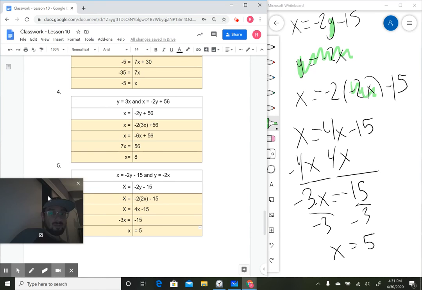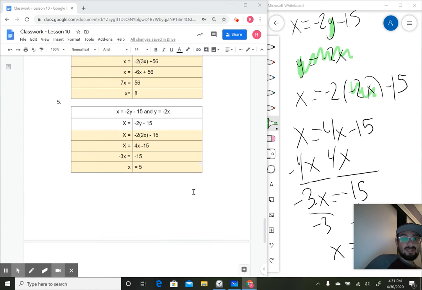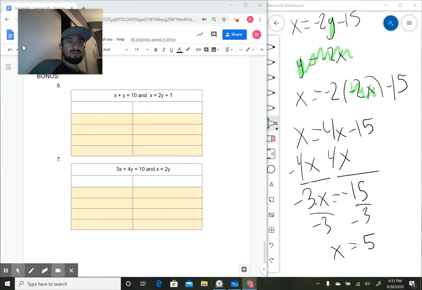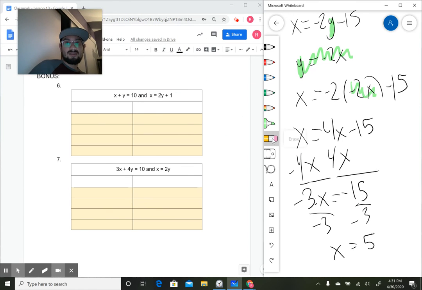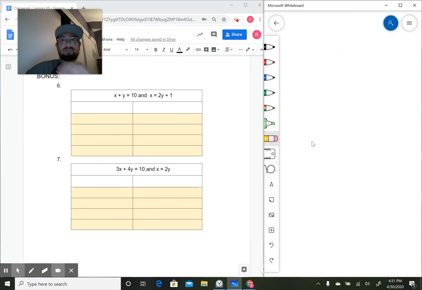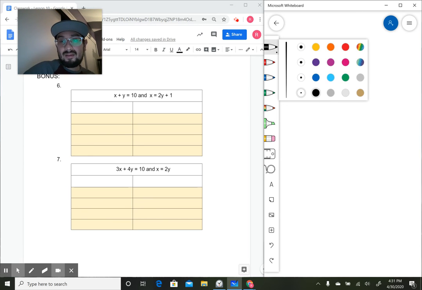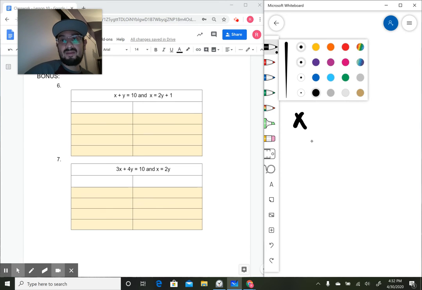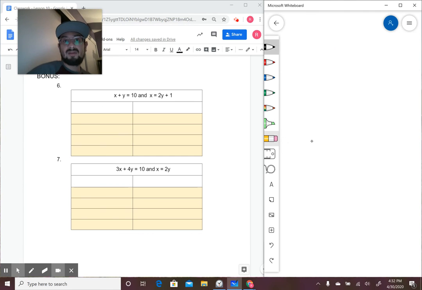Okay. So we do have 2 bonus questions to work on today. They're a little different. And the reason why they're a little different is because if you look at them, they don't have y solved for.